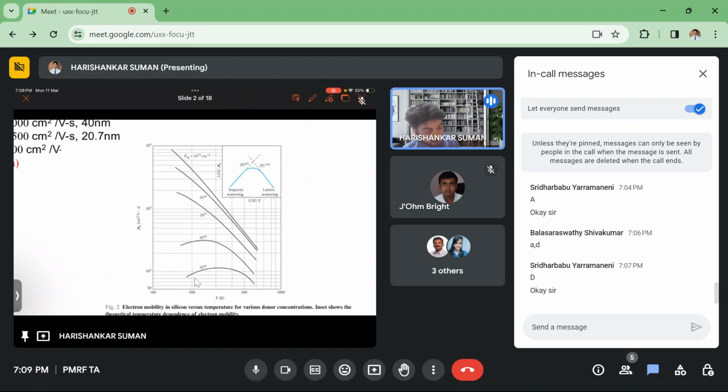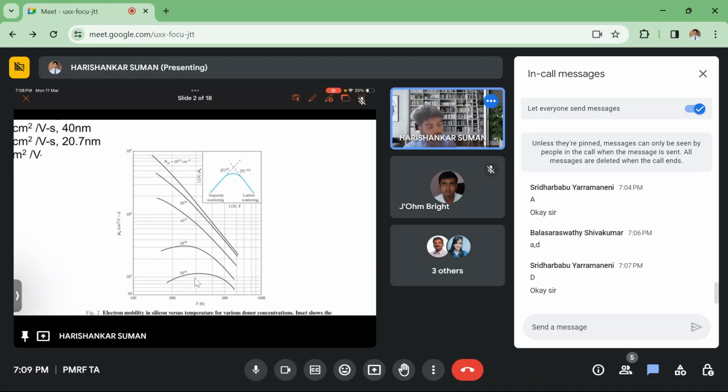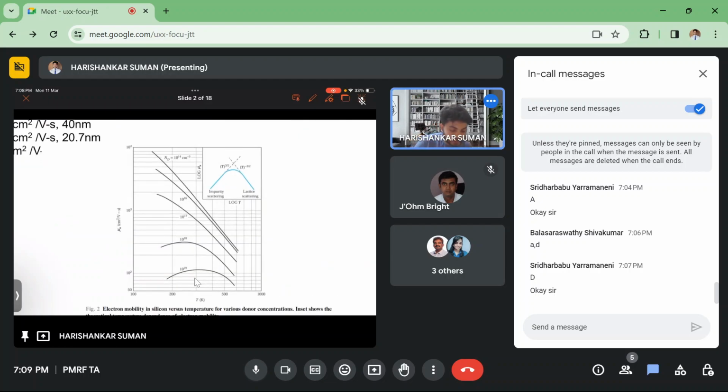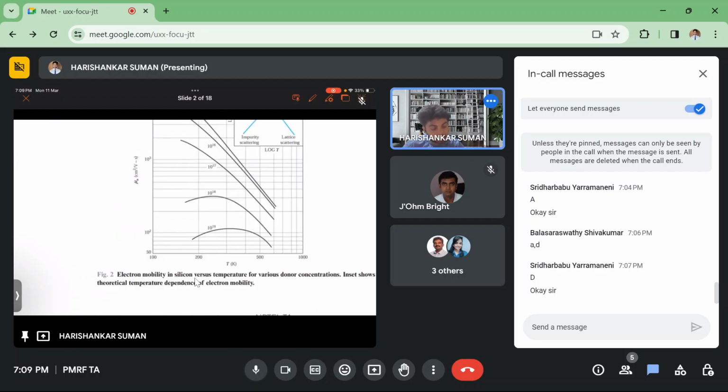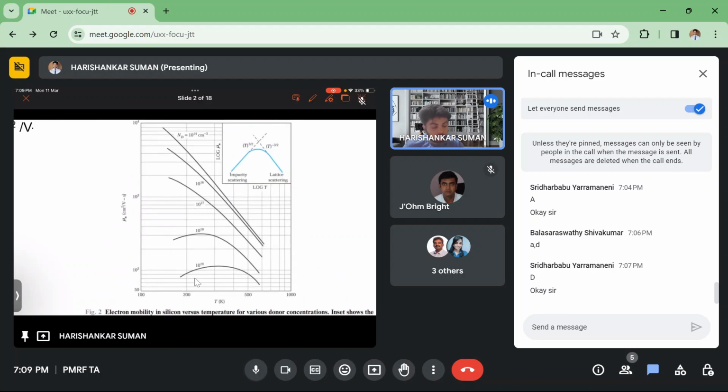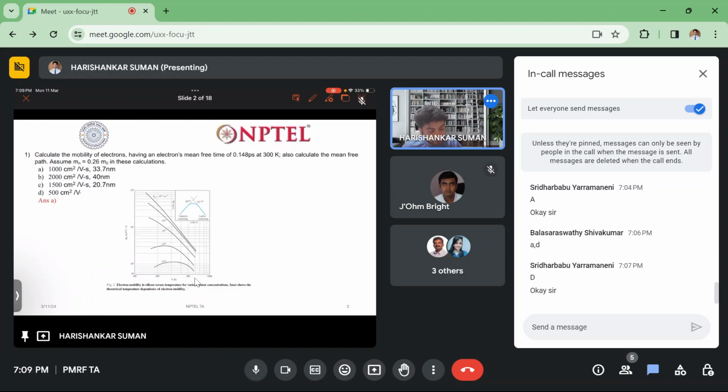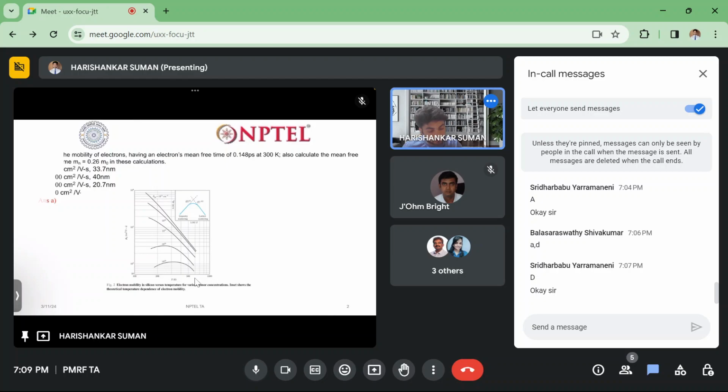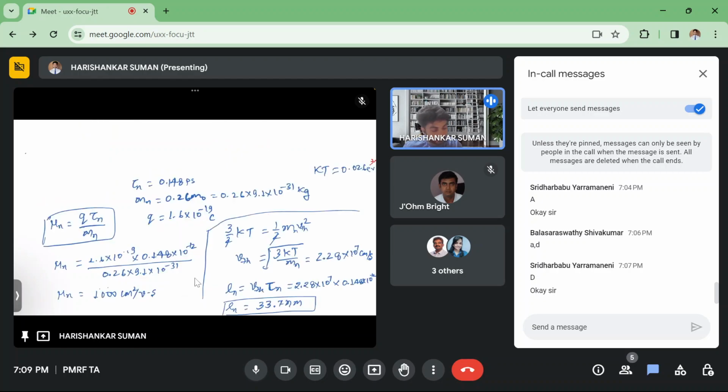Please look at this curve also. Impurity and lattice scattering, how they vary with temperature, T to the power 3 by 2 and T to the power minus 3 by 2. And these are the two formulas for mobility and diffusion length.